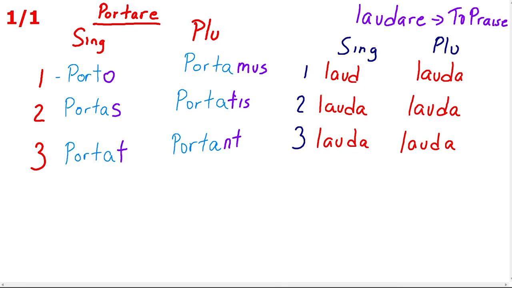Completed? Okay, the first person singular, laudo. Then he, she, it praises, laudat. Then we praise, laudamus. You all praise, laudatis. And they praise, laudant.